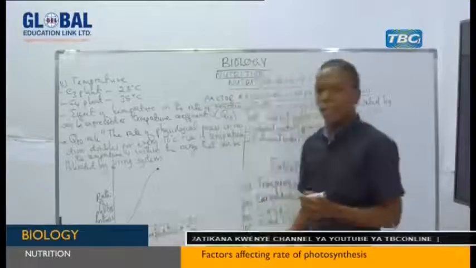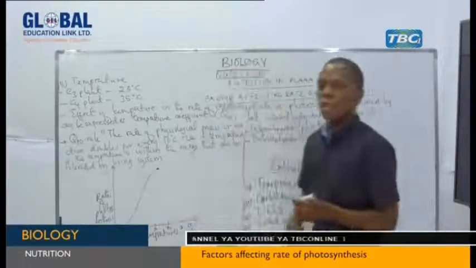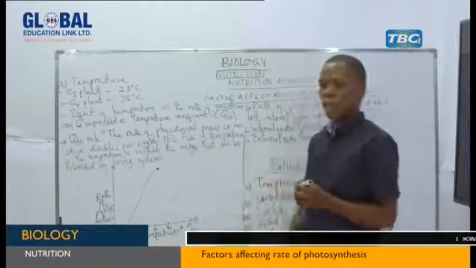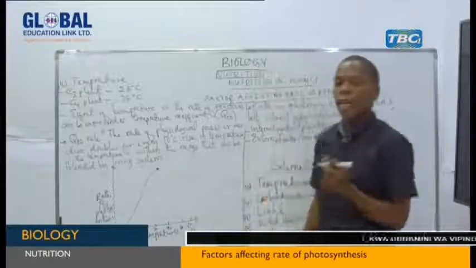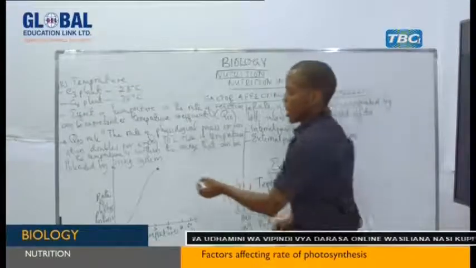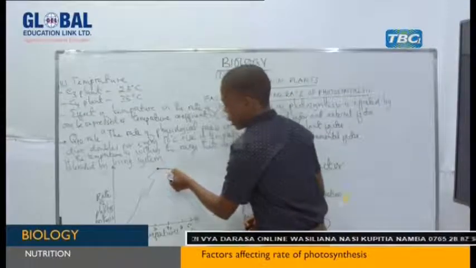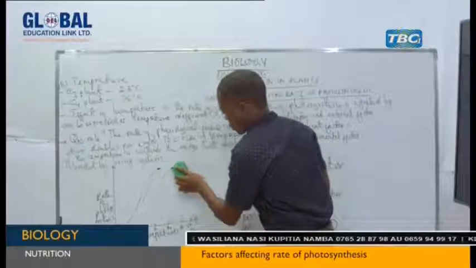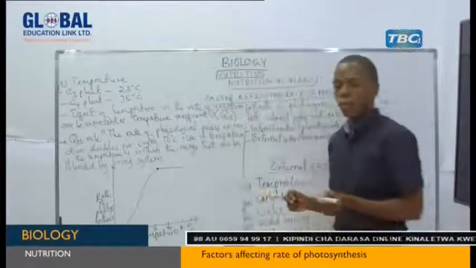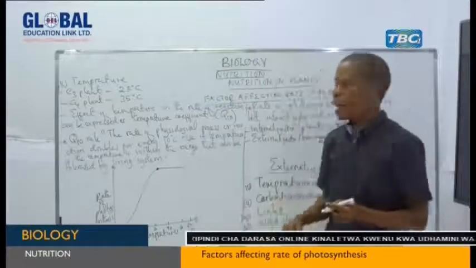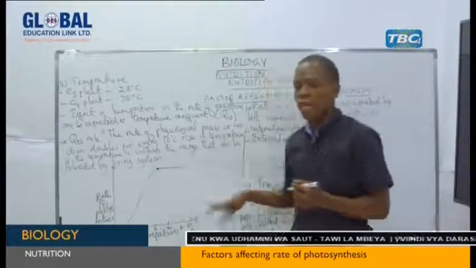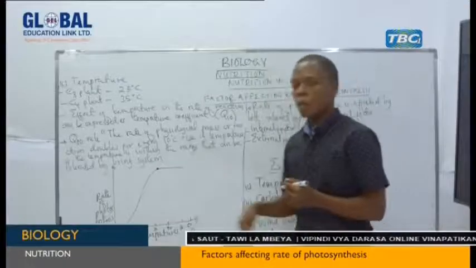As the temperature increases, the rate of photosynthesis tends to increase. But it reaches a point when the temperature exceeds the optimal condition, and the rate of photosynthesis cannot increase. There is a stationary phase here. The further increase of temperature has no effect on the rate of reaction, because the temperature has exceeded the so-called optimum temperature.